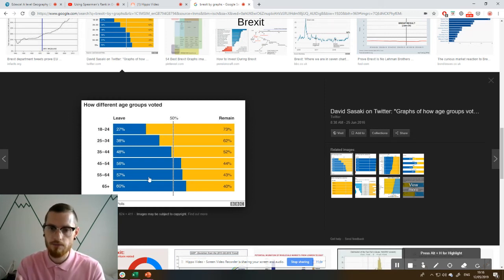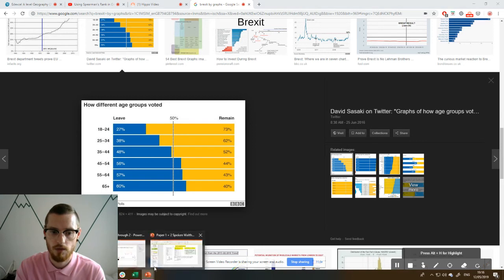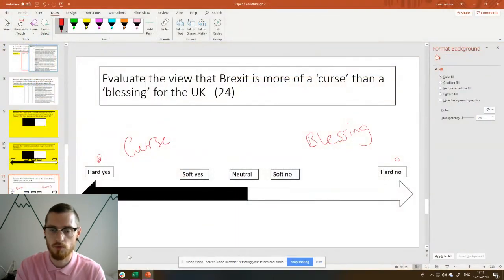And even within that argument of blessing versus curse, there's going to be differences between the age groups. Because look here, 73% of 18 to 24-year-olds wanted to remain. So if I go back to my spectrum, those who are younger are going to be thinking Brexit's a curse, and they're going to be up here. They're going to be the hard yeses, that age group.